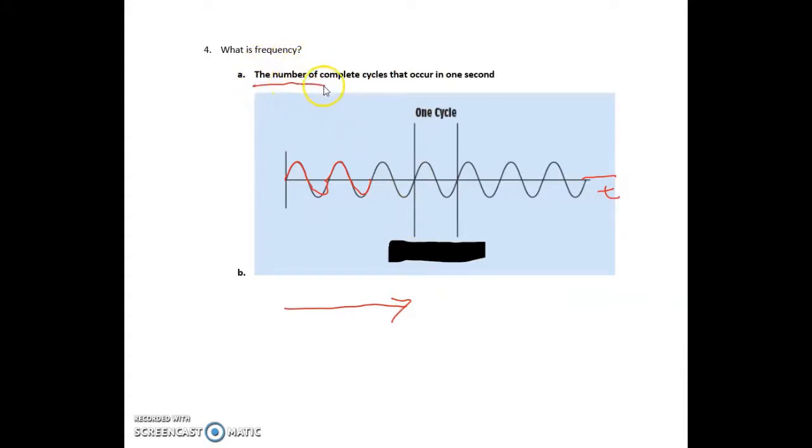Frequency is the number of these cycles, sorry for the bad drawing, that occur in 1 second. So for example, if this is time 0 and this is time 1 second, we have 1, 2, 3, 4, 5, 6, 7. So it would be 7 hertz in this quick example.